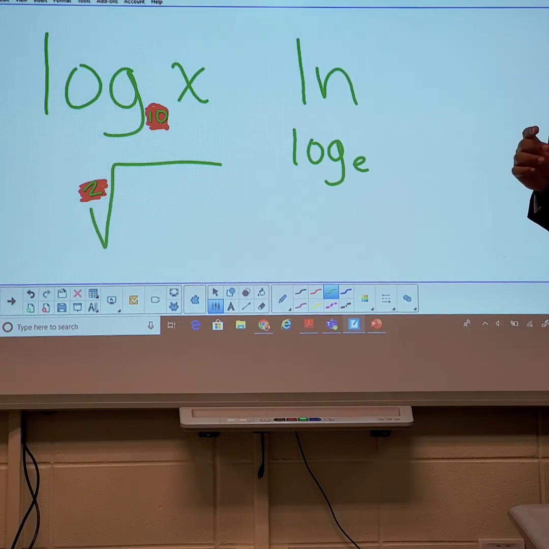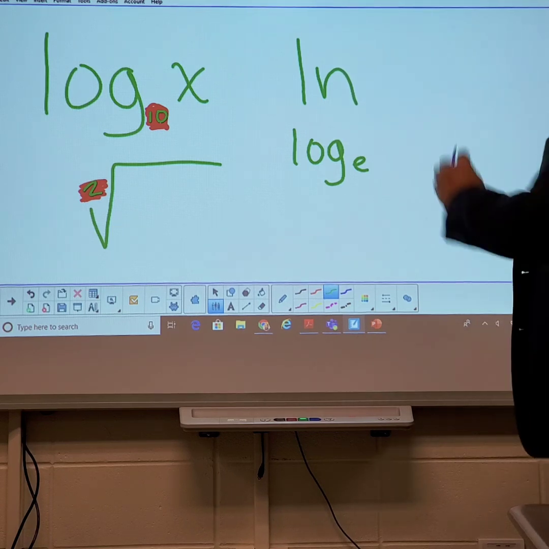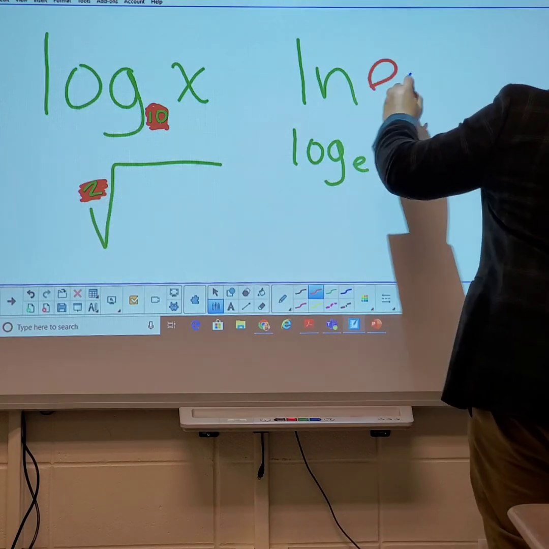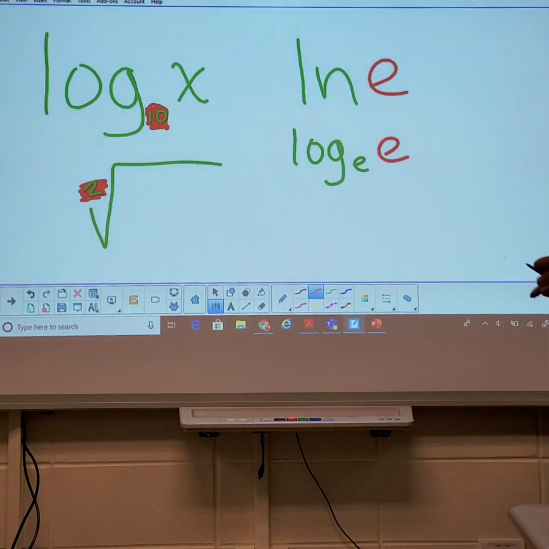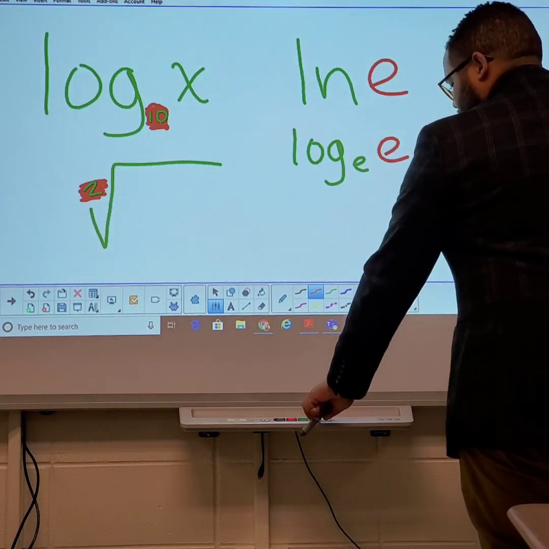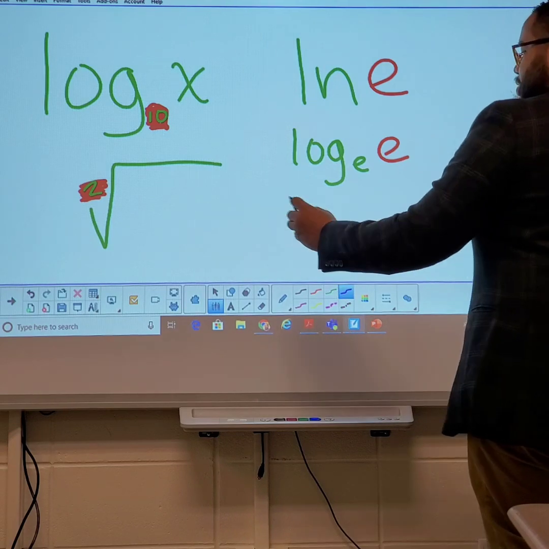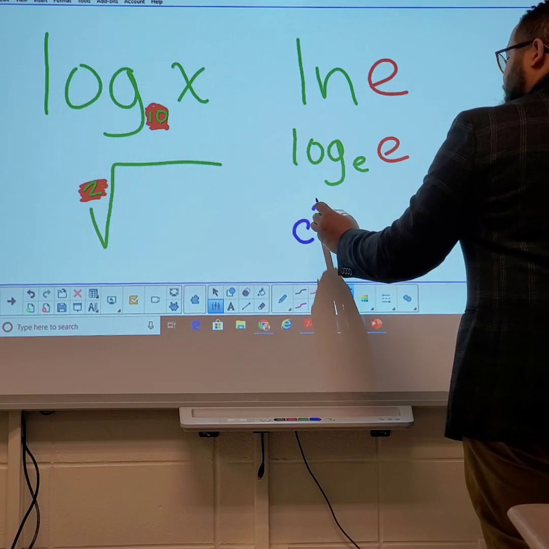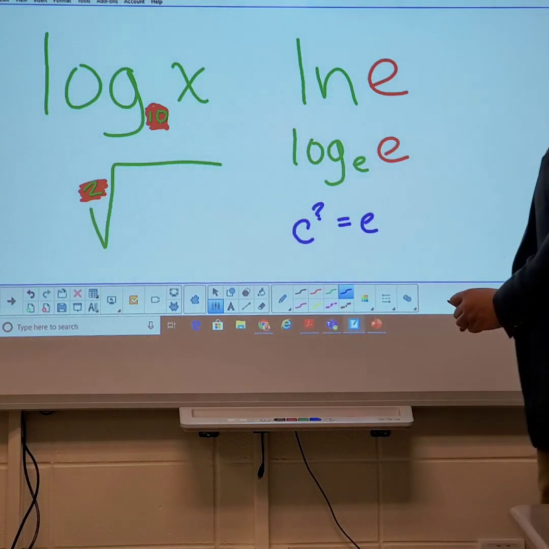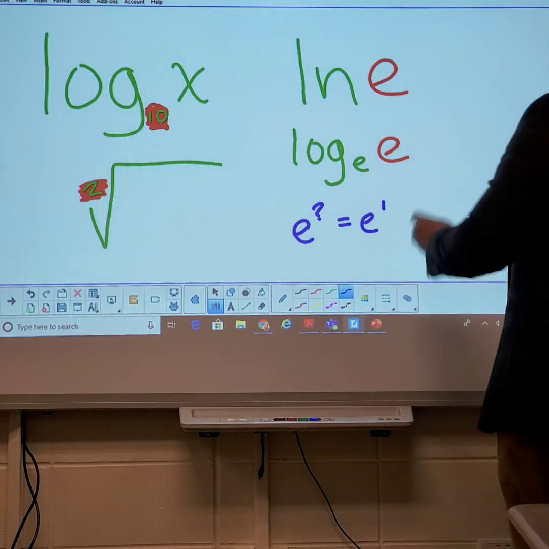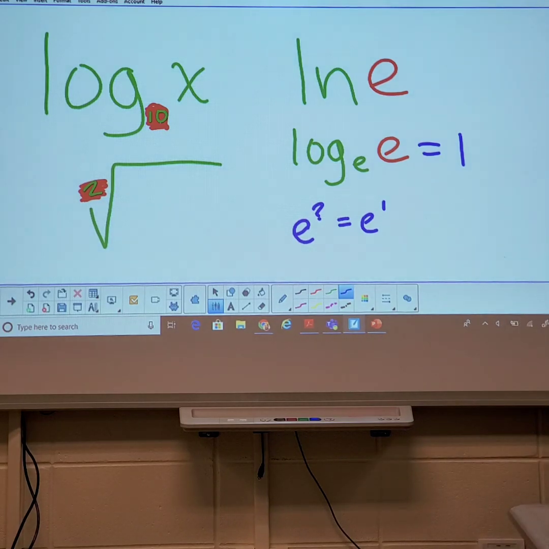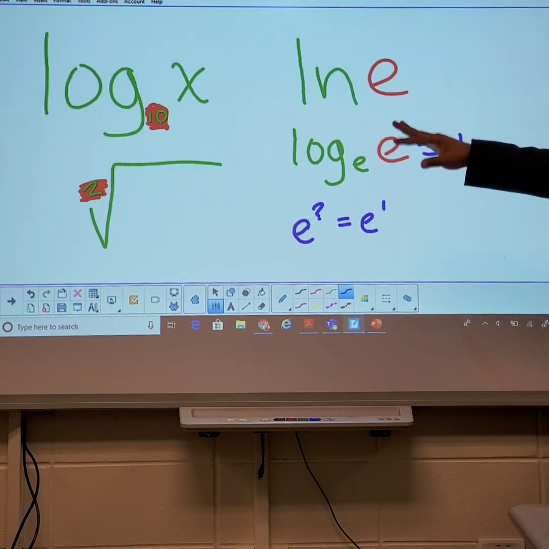So ln e would be the same thing as log base e of e. You could put ln e in the calculator, but I'll tell you what you're going to get. e to the what equals e? e to the 1. So they basically undo each other and just give you 1.